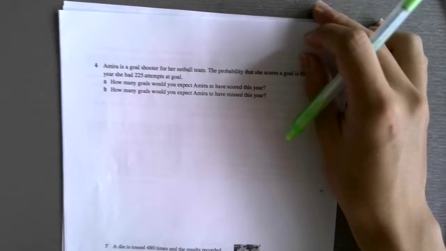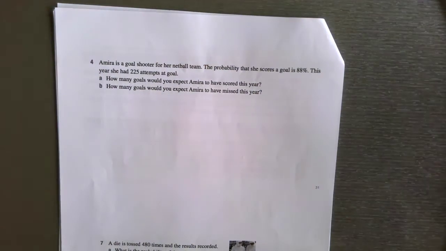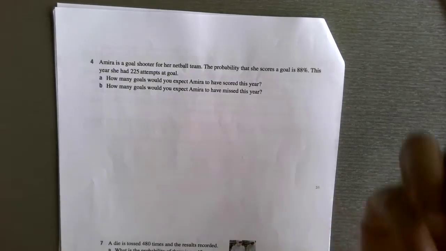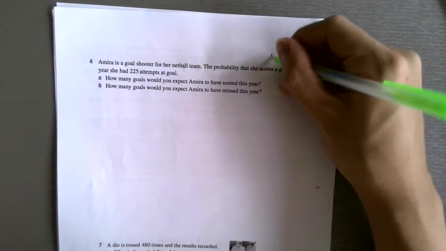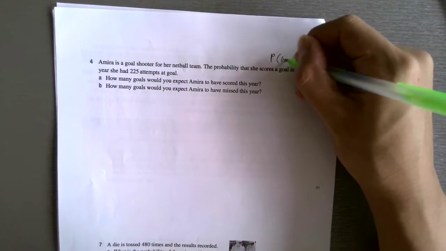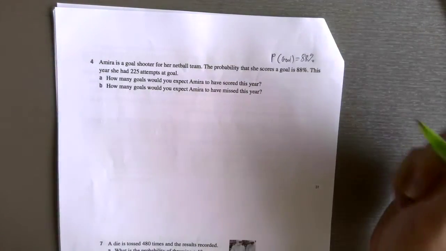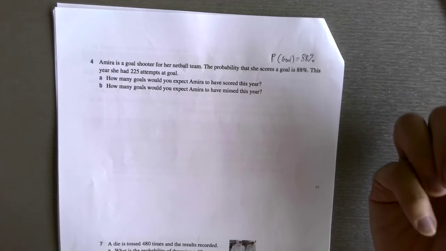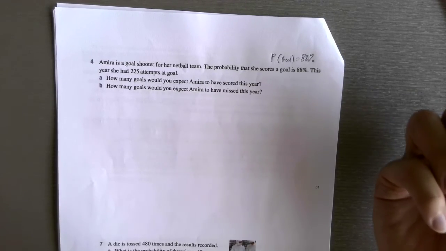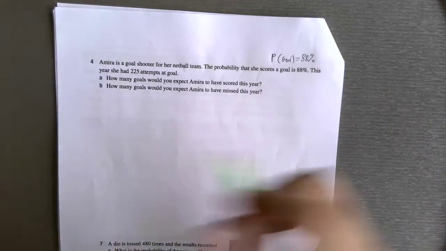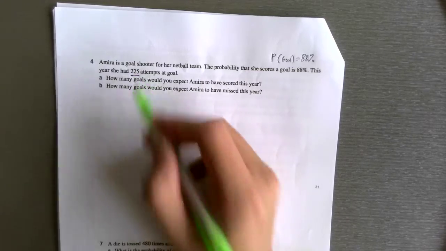Now, our next question is talking about Amira being a goal shooter for her netball team. What we know is, at the moment, the probability she scores a goal is 88%. So if she shoots 100 times, 88% of those times will be a goal. But more importantly, we also know that she attempts 225.